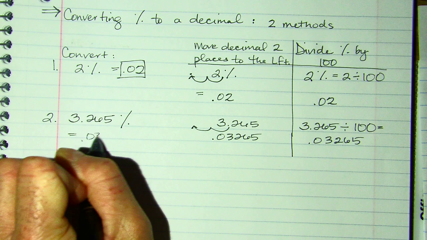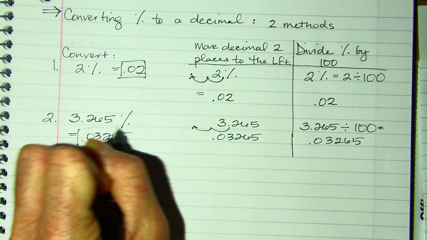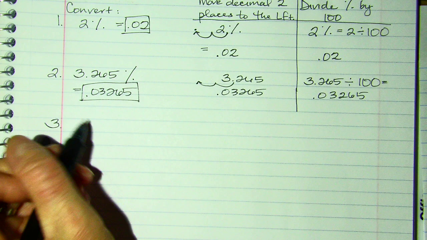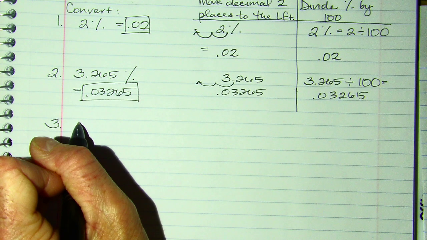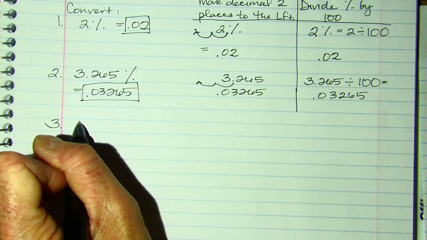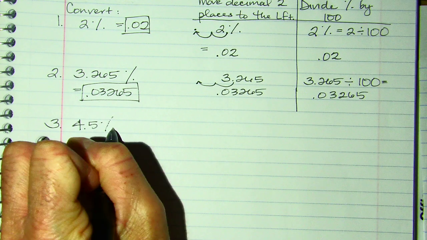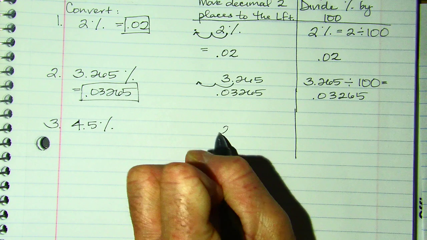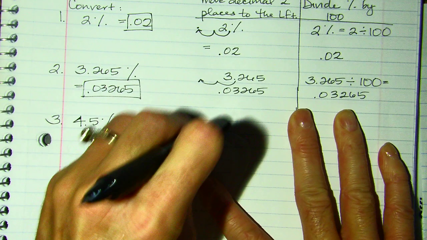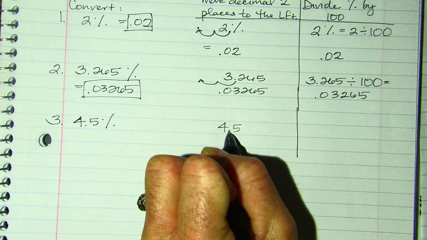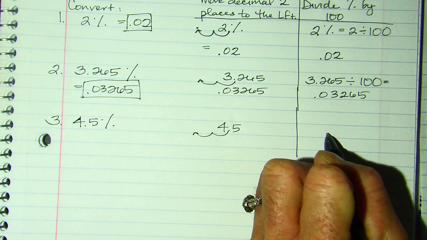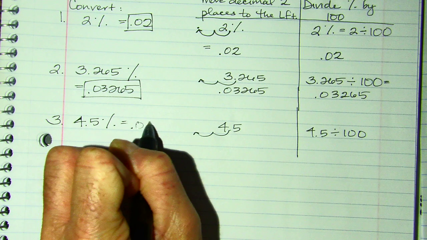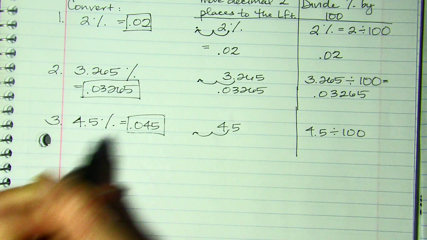Next one. If I have 4.5%, no matter which method you use, you can move it 2 places to the left, or you can divide by 100. Either way, you should get 0.045.